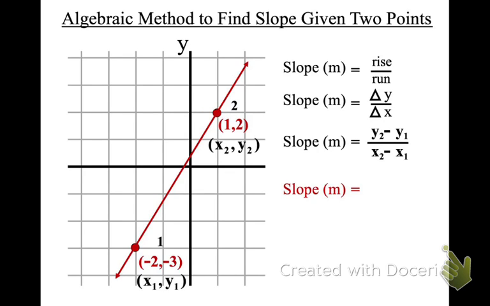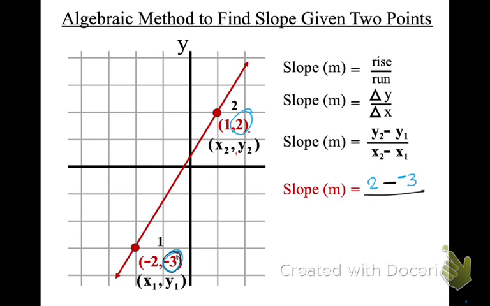Now I'm going to substitute. On the numerator, I'm doing y2, which would be right here. y2, which is 2. Notice there's a minus in it. Okay, minus y1, -3, over x2 minus x1.